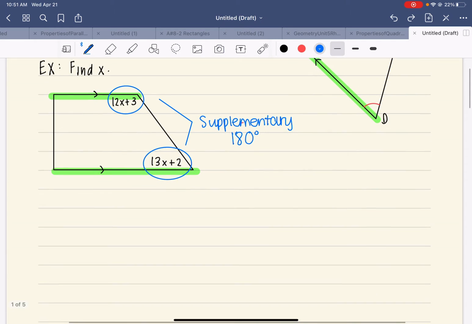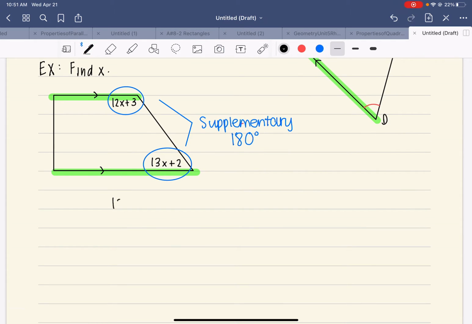So for this example right here, we have 12x plus 3 plus 13x plus 2 will equal 180. We'll add our 12x and our 13x, get 25x. We'll add our positive 3 and our positive 2 to get positive 5.